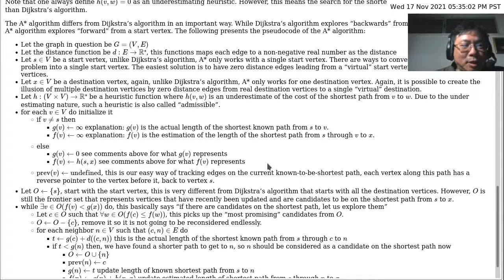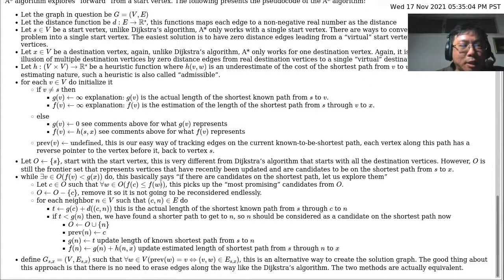All right, so now we're getting into the actual algorithm itself. So instead of using Q, we have uppercase O, which serves about the same purpose. In other words, the set O is representing all the quote-unquote boundary vertices. Okay, the boundary vertices being vertices that just got their G value updated.